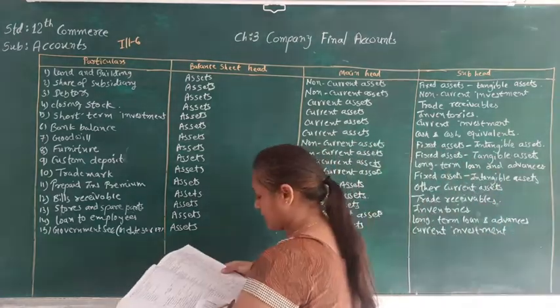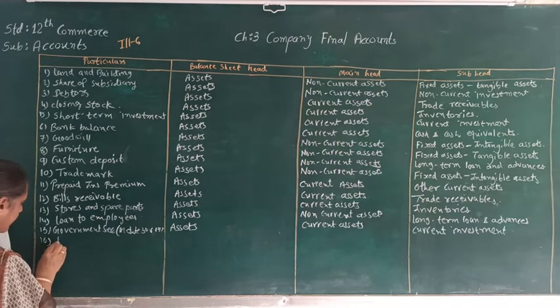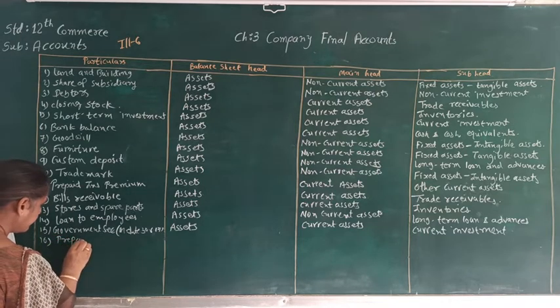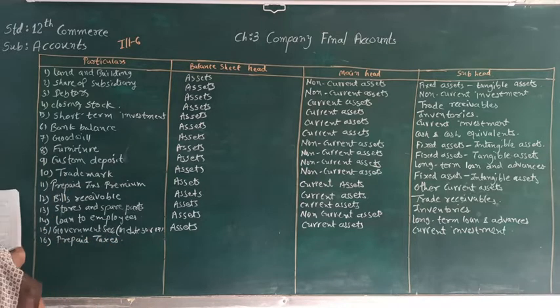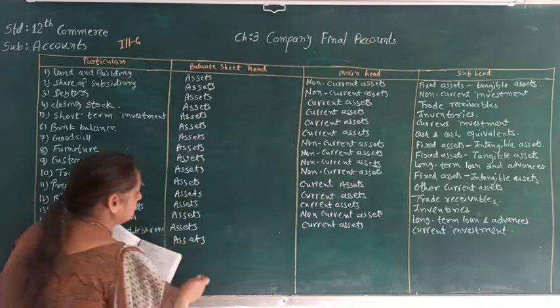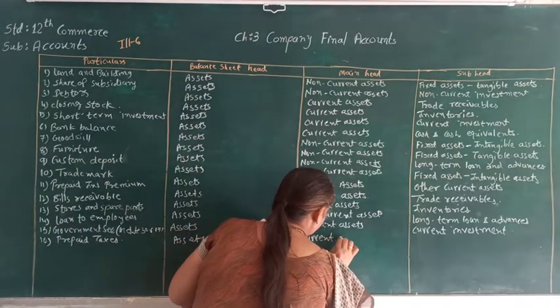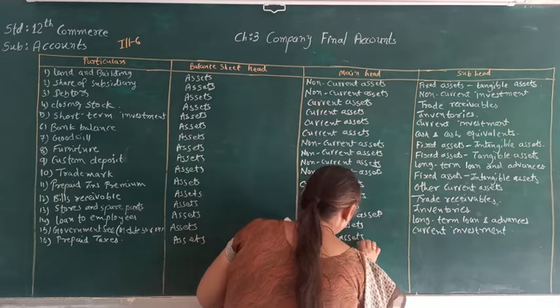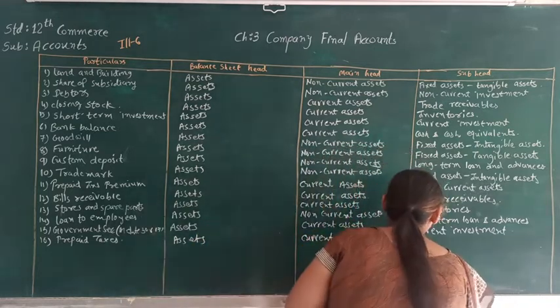Okay, now let's see the next is prepaid taxes, number 16. Prepaid taxes is a current asset. And in the current asset, prepaid taxes will be shown as other current asset.